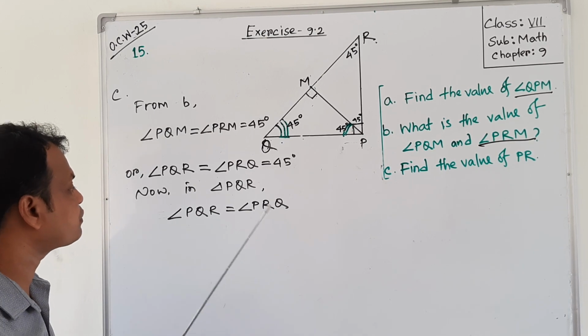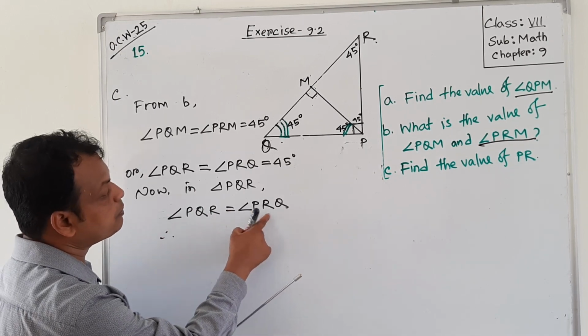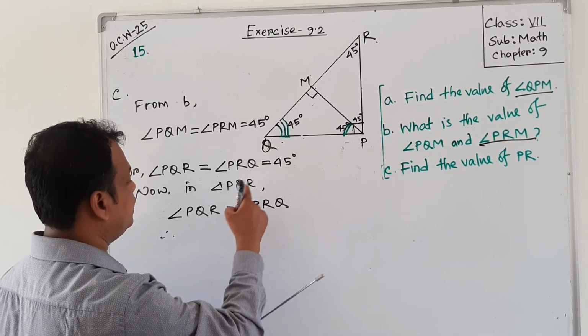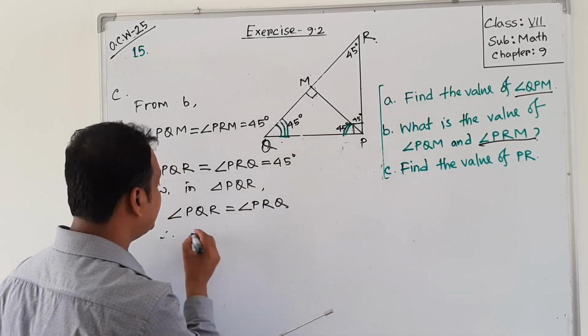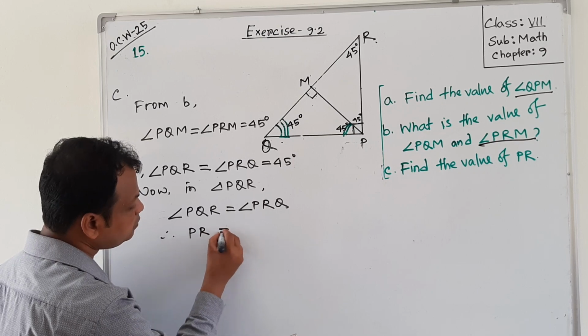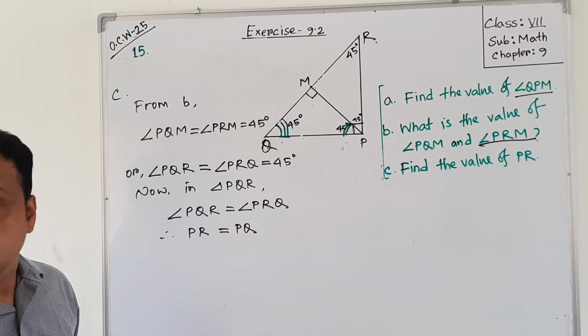So from the given information we can write angle PQR equals angle PRQ. That means PR equals PQ.